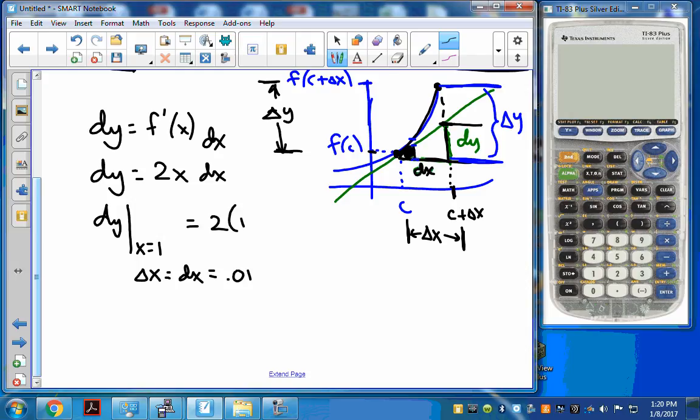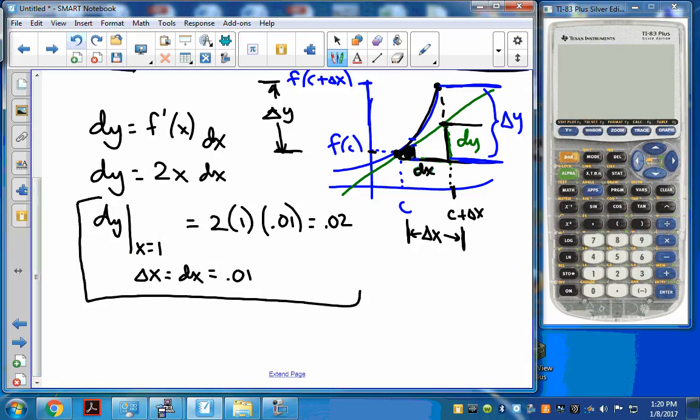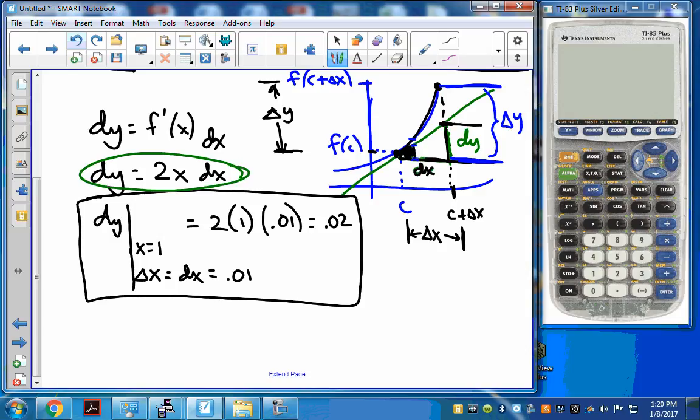We get 2 times 1 times 0.01, and so we get 2 hundredths, 2 over 100, 0.02 if you want. Oops, I guess I should include this fact as well. So what we did was we found dy as 2x dx, and then when we evaluate it at x equal to 1 with a delta x of 1/100th, we get 2 hundredths.